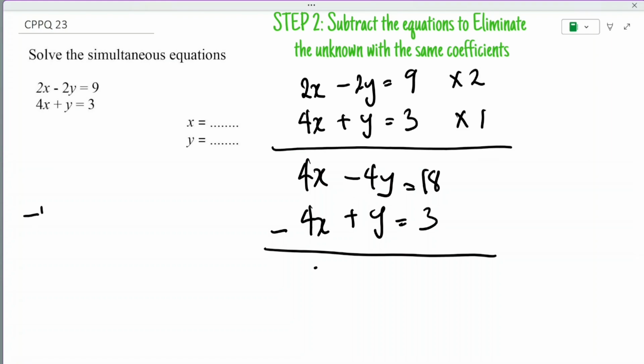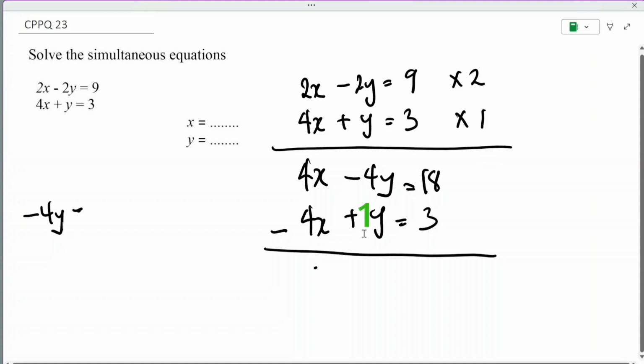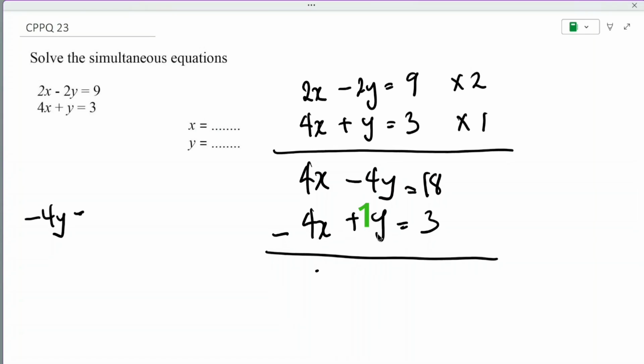So this y owns this negative 4. So you have negative 4y minus, this minus, and this y, though you don't have a number in front of it, has a coefficient of 1 or plus 1. There's a positive here, so you have plus 1y.